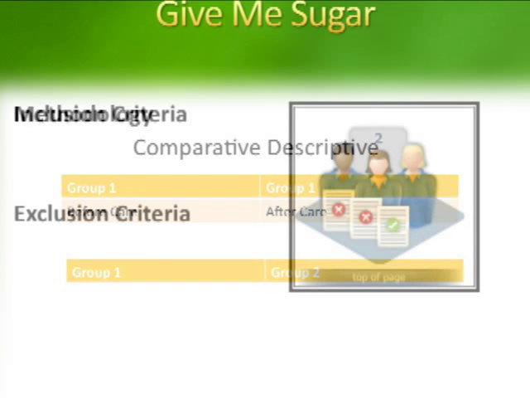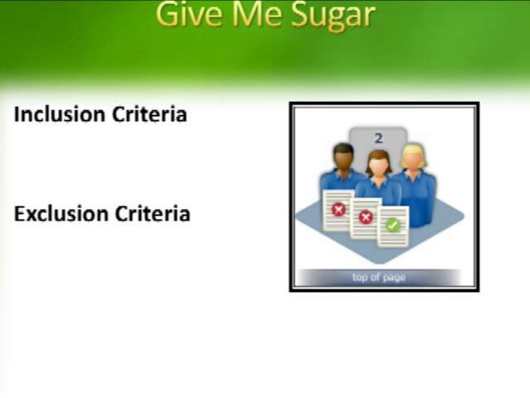Yay for them. Now, their inclusion criteria was that they had to be African American female, that they had to be between the ages of 55 and 75. They have to self-report a diagnosis of type 2 diabetes. They needed to reside in Arkansas.